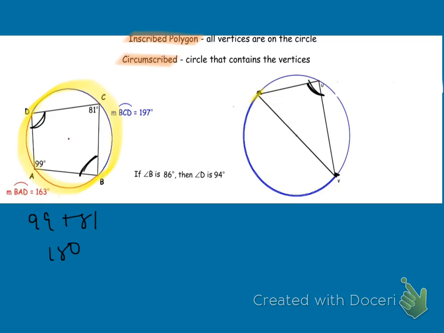So the intercepted arc is this. What do you notice about that intercepted arc? You notice that it's 180 degrees. This is a semicircle. And so what you're seeing is if this is 180 degrees, because it's a semicircle, that means that angle U must be a right angle.